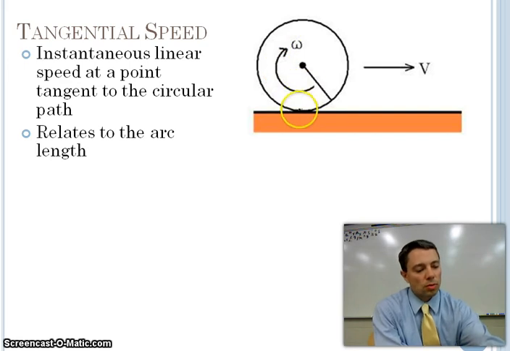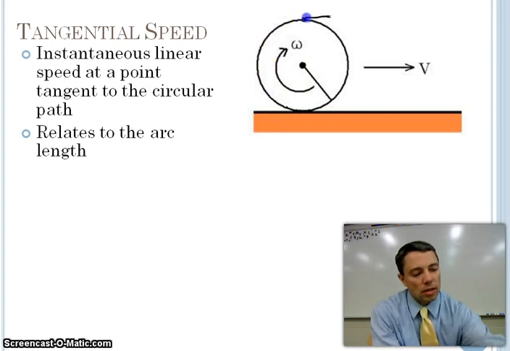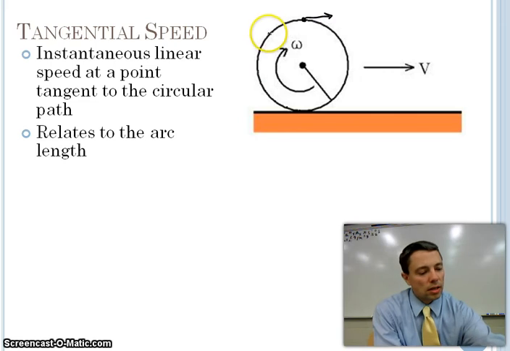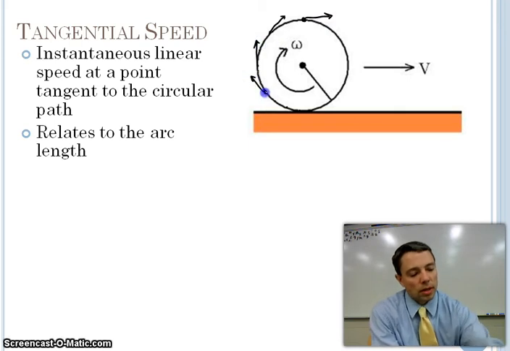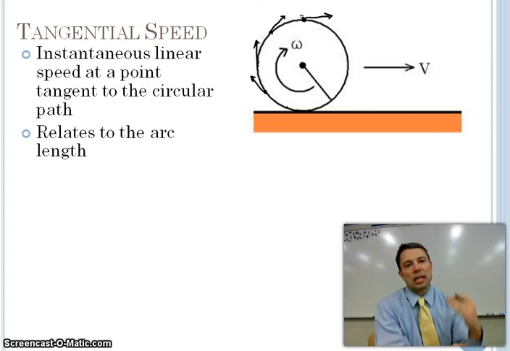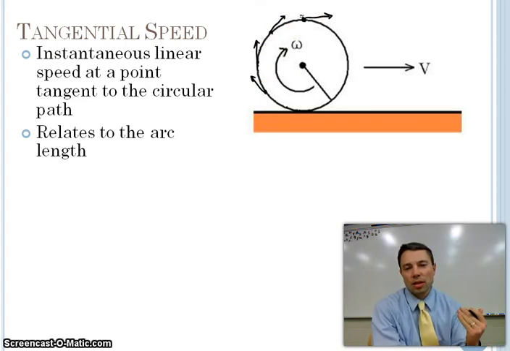If we track a point along here, we eventually get to some point right here that is directed in this motion, or in other words, it has a velocity in this particular direction. We refer to this motion at that point, and at that point, and at that point, as being tangent to the perimeter, or to the edge.